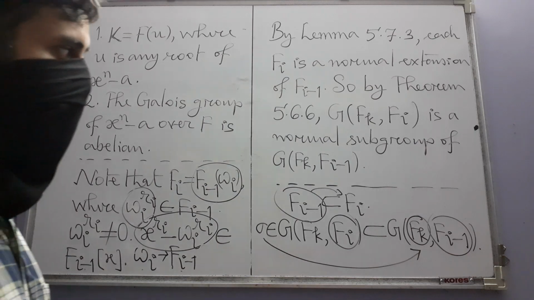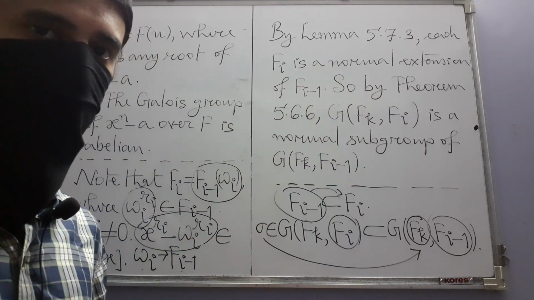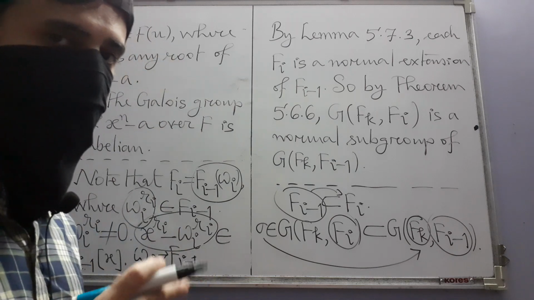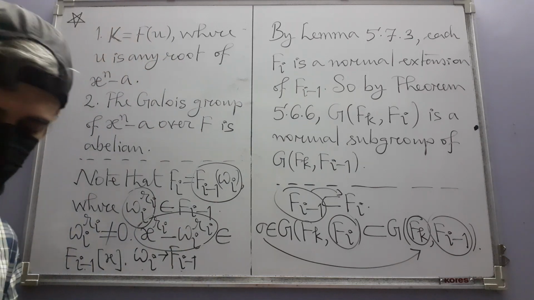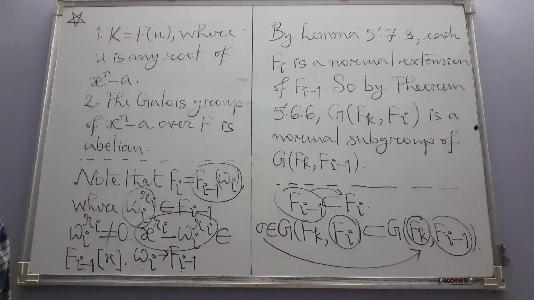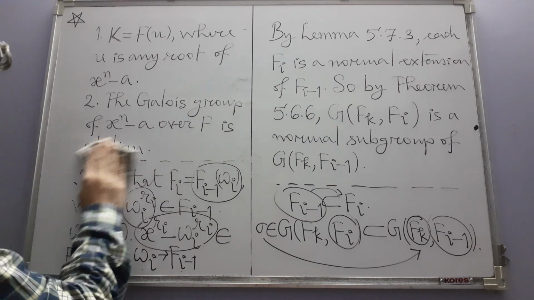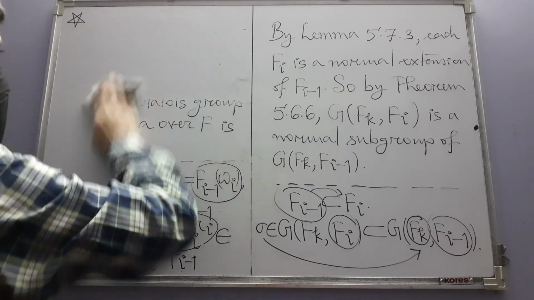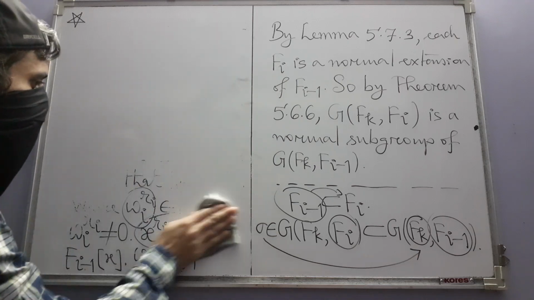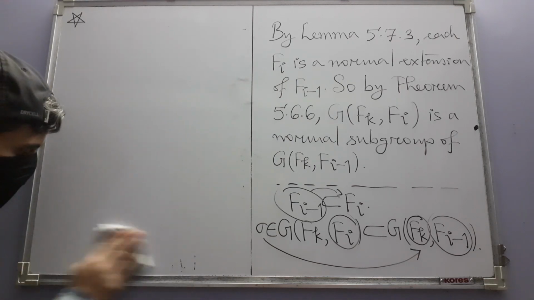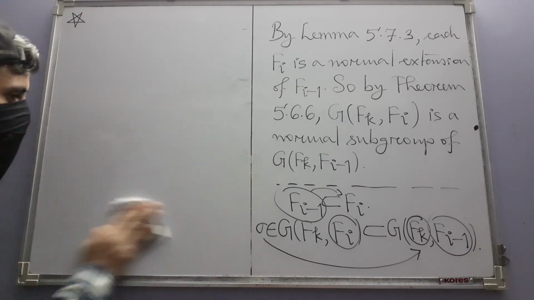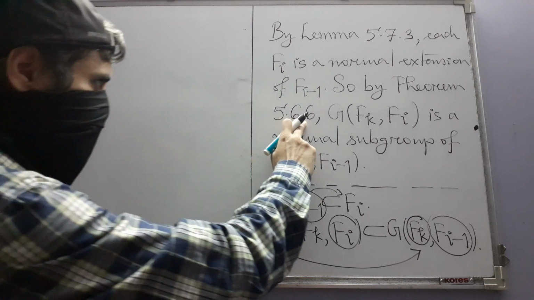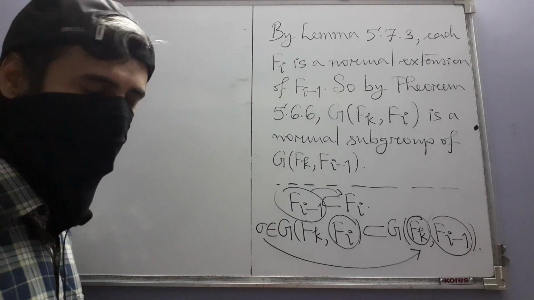And now if we vary this i, we will similarly get, just like the chain of fields, a chain of groups. And then this theorem will say something further about that chain.